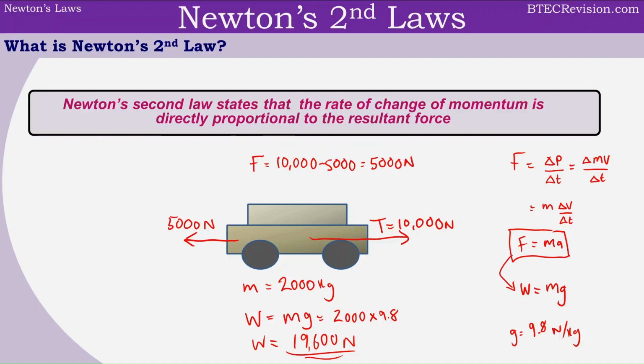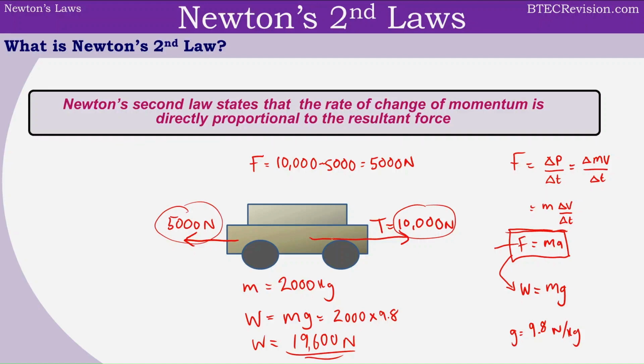So in this equation, Newton's second law, this F stands for the resultant force. So you would add up the forces. This is the sum of the forces. And as you can see here, for 5,000 going left and 10,000 going right, we would take them away because they are in opposite directions.